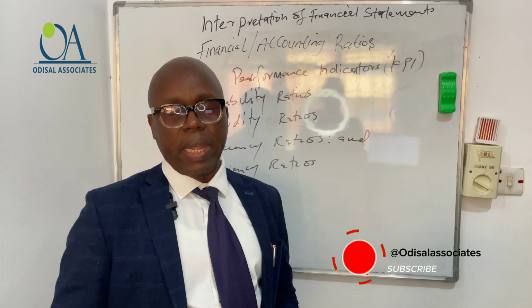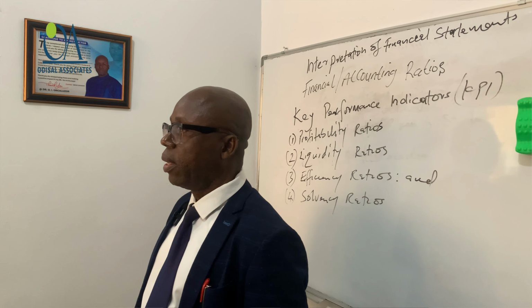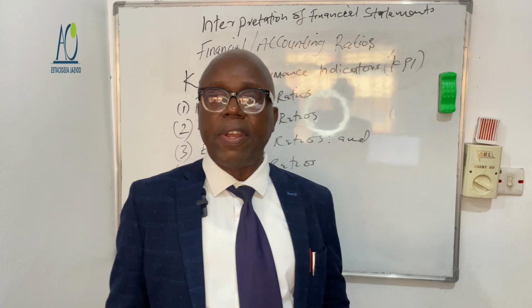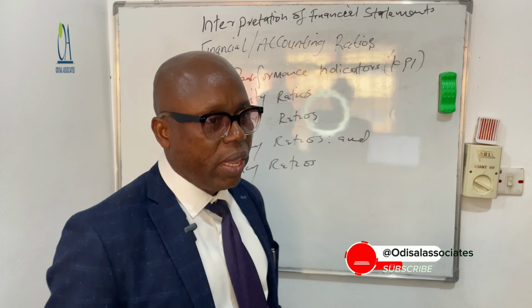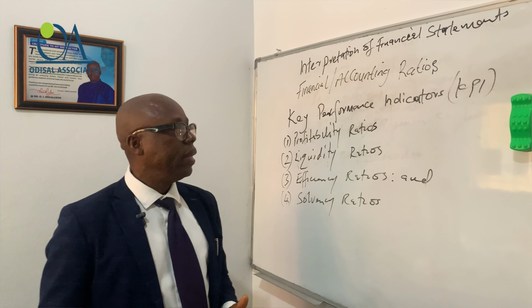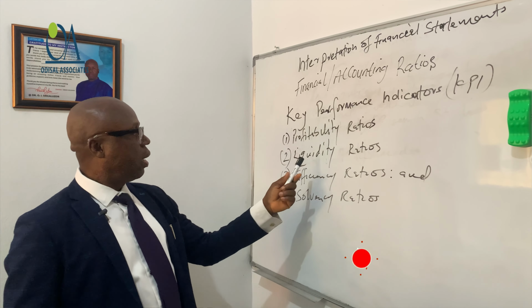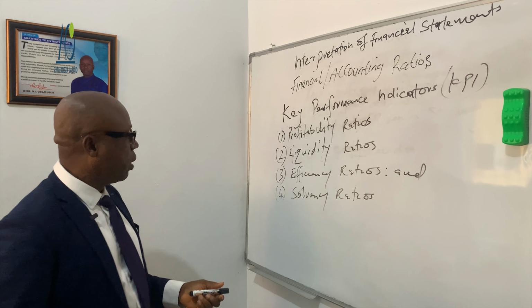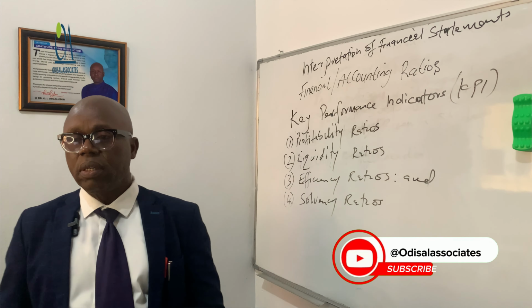Going forward, we're going to look at financial or accounting ratios. We could call it financial ratio or accounting ratio. We have key performance indicators of these ratios. They are profitability ratios, liquidity ratios, efficiency ratios, and solvency ratios.